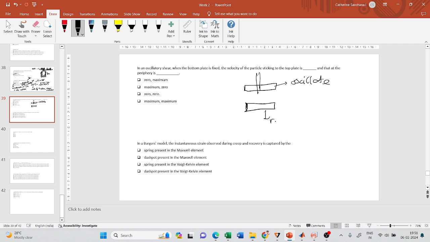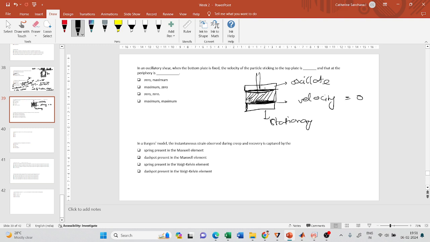This will remain stationary. Now, when the material is sandwiched between these two plates, the material which is sticking to the bottom plate will have velocity 0.